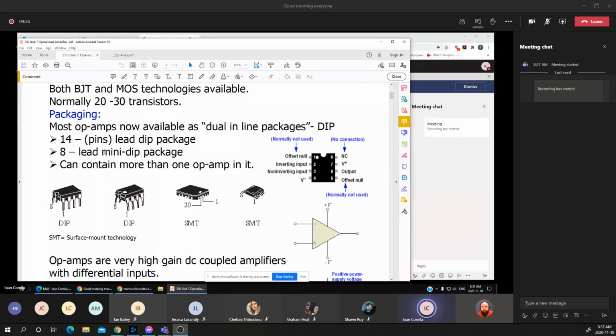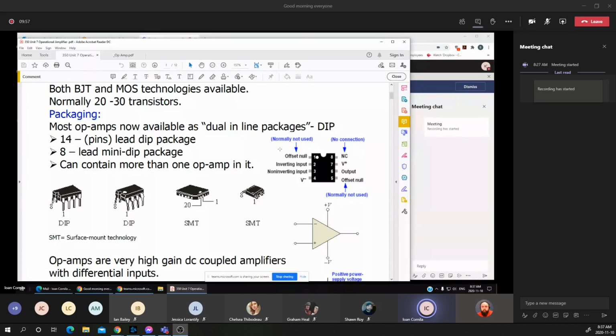We may have a mini DIP package, which is the same op amp in 8 pins or leads, or the same operational amplifier with 14 pins or leads. Both of them are dual inline.